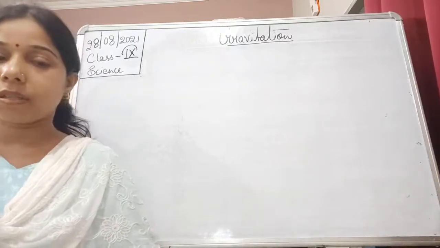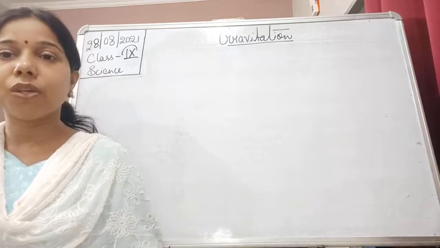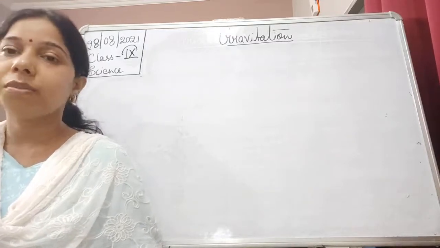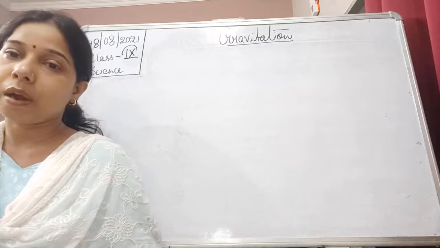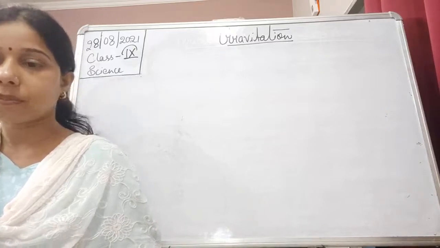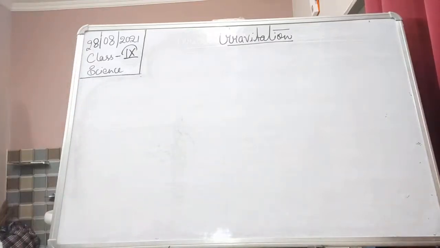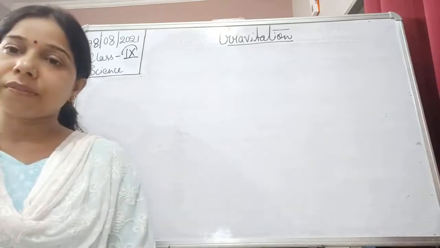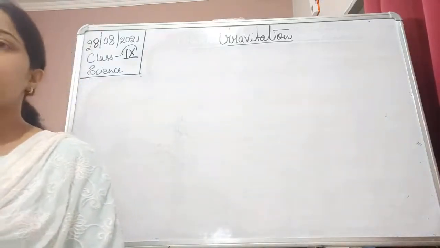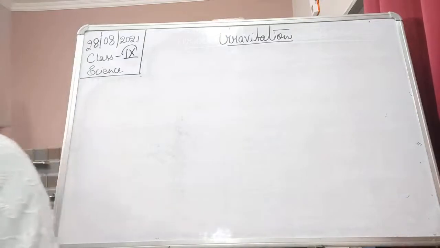Its value is 6.7 into 10 to the power minus 11 Newton meter square per kg square. The unit of the gravitational constant is Newton meter square per kg square.